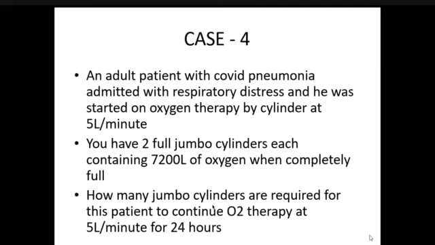So case number 4: an adult patient with COVID pneumonia admitted with respiratory distress and he was started on oxygen by cylinder at 5 liters per minute. You have 2 full jumbo cylinders, each containing 7,200 liters of oxygen when completely full. How many jumbo cylinders are required for this patient to continue oxygen therapy at 5 liters per minute for 24 hours? Anybody wants to answer?